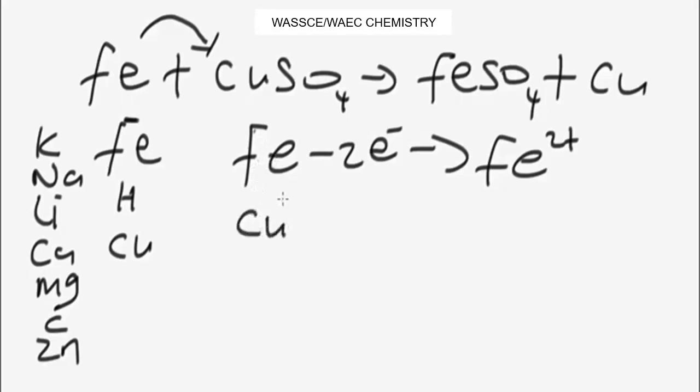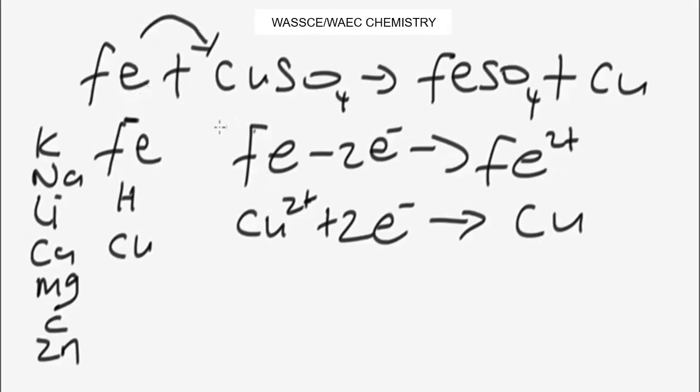So the iron got oxidized, whereas the copper got reduced. Note this: in displacement reaction, it's always the metal ion that gains electrons and is reduced, whereas the metal atom always loses electrons and is oxidized.